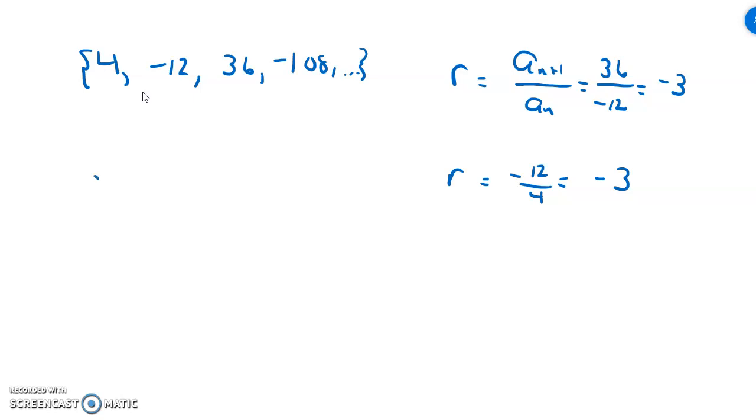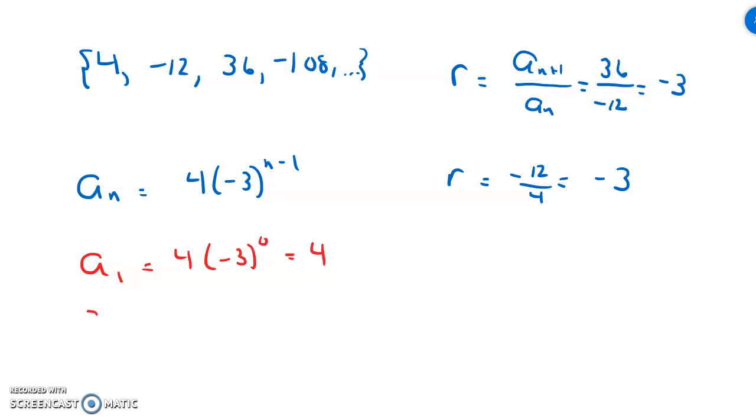So let's come up with this explicit formula. The nth term is the first term times my constant ratio to the n minus 1. Now, if I check this out, do my signs work out correctly? All right, so let's check the signs. The first term is going to be 4 times -3 to the 0 power, which is 4. Okay, so that checks out.